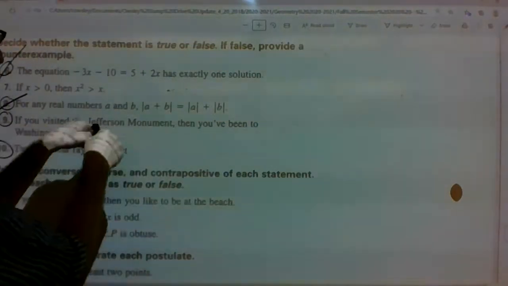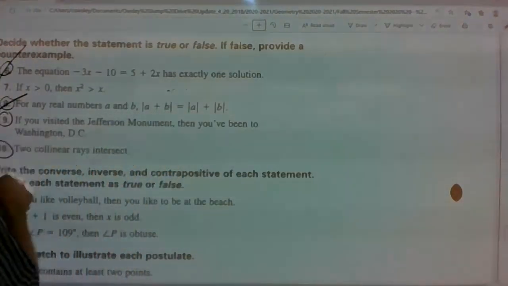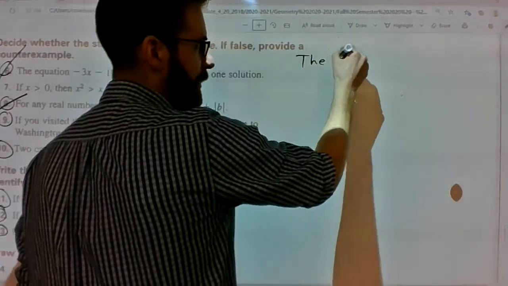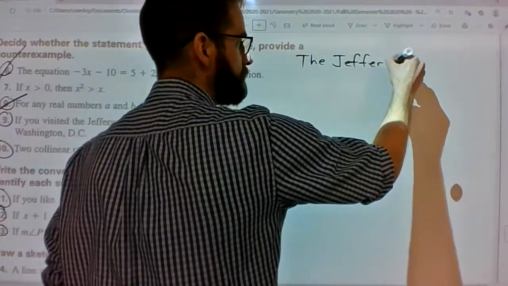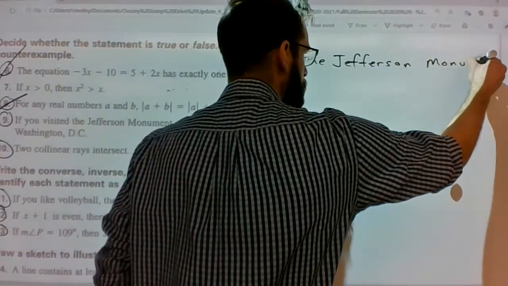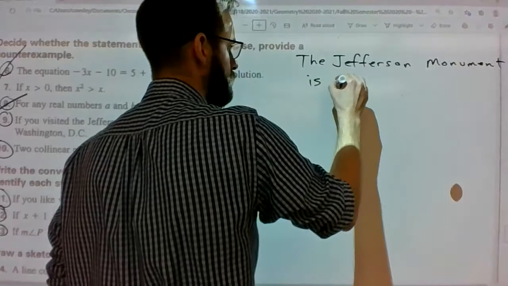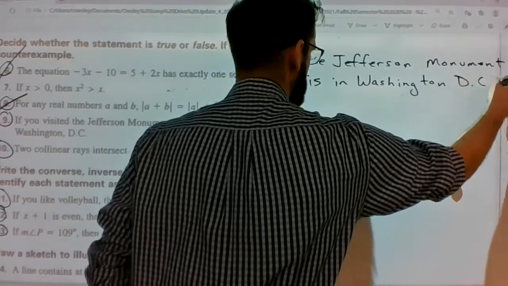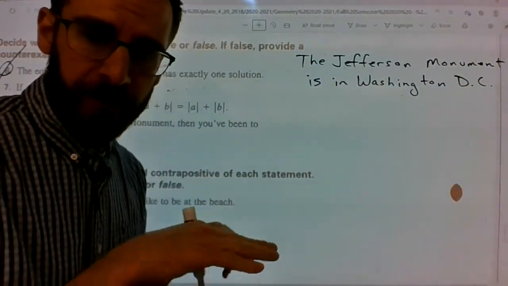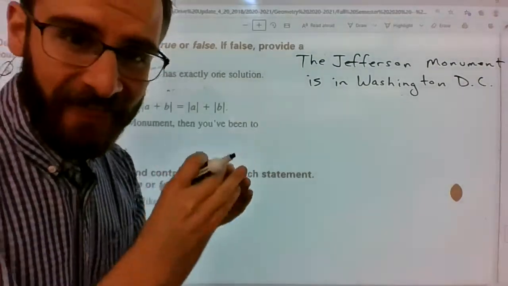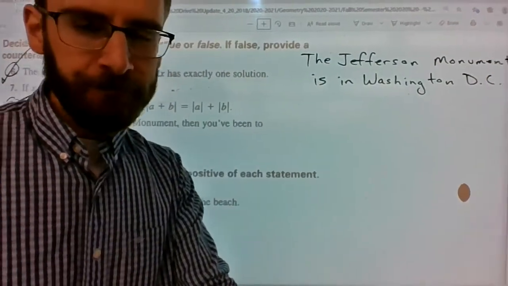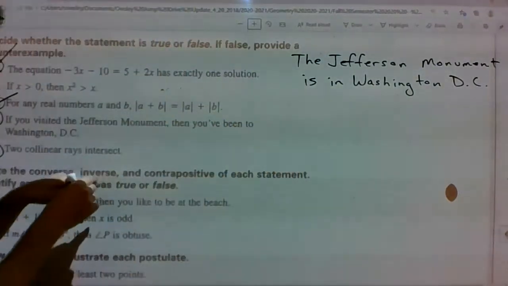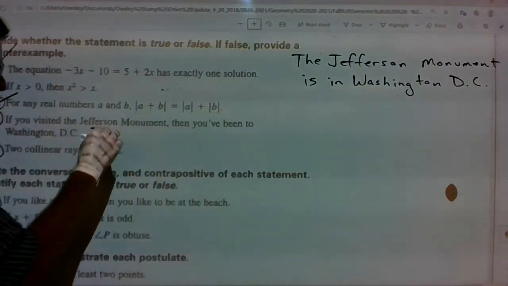If you visited the Jefferson Monument, then you've been to Washington, D.C. All right, well, I know that the Jefferson Monument is in Washington, D.C. If we went on a Google Map search and we search for the Jefferson Monument, it would give us an address within the limits of Washington, D.C. So if you visit a place that is in Washington, D.C., then you've been to Washington, D.C. This is true.